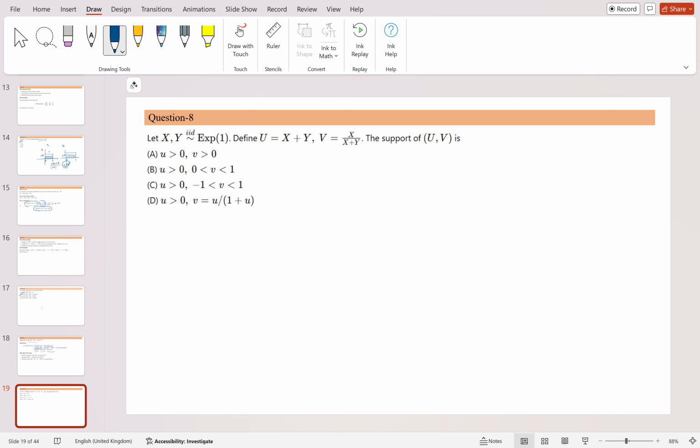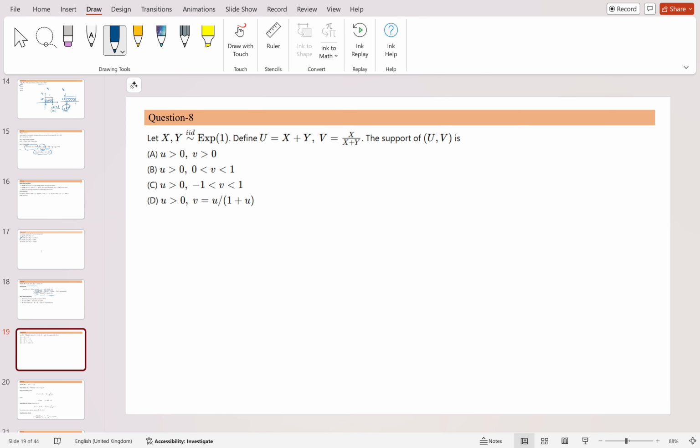It is saying that x and y are exponential with parameter 1, defining u equal to x plus y and v equal to x divided by x plus y. It is asking what is the support of u and v.